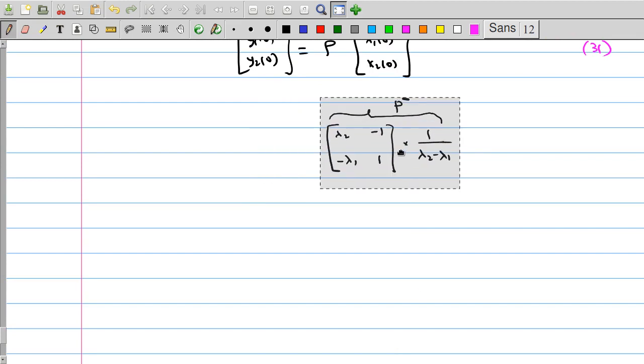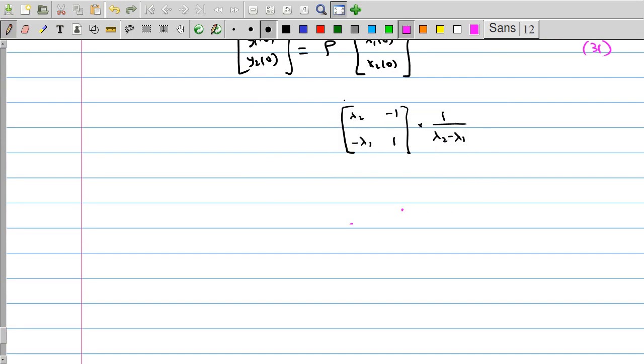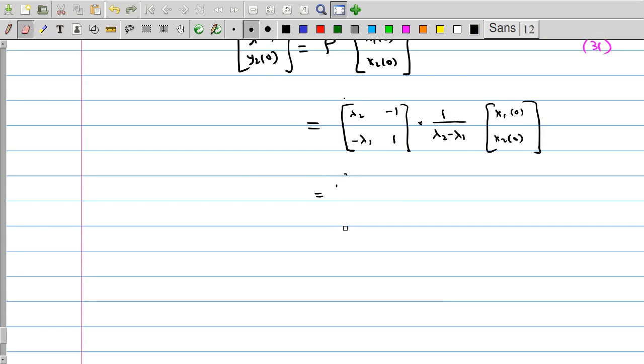Equals this times x1(0), x2(0), right? Okay, now can we simplify this a little? So we'll put the 1 over lambda 2 minus lambda 1 in the beginning.